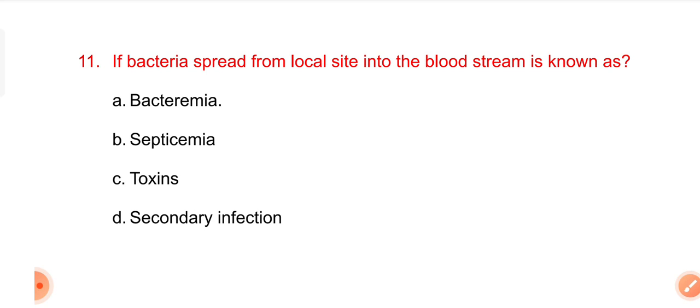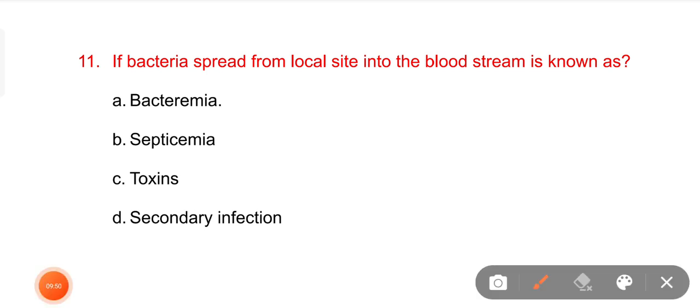The options are: A, bacteremia; B, septicemia; C, toxins; D, secondary infection. The right option is bacteremia. When the local bacteria enter into the blood, it is called bacteremia.